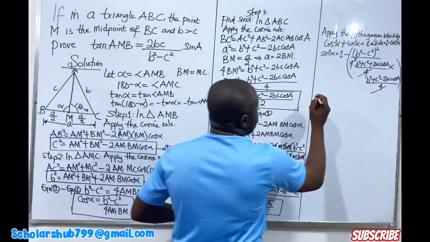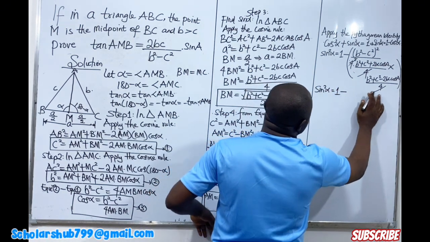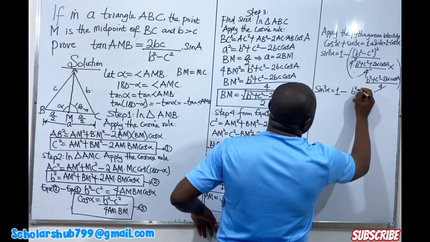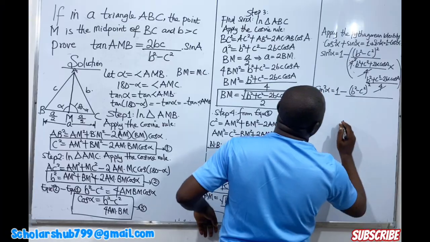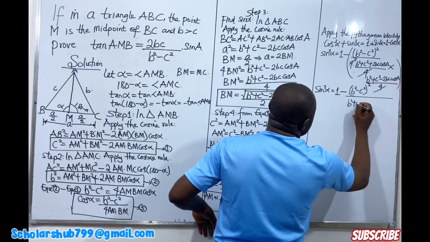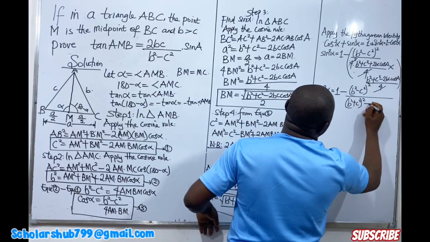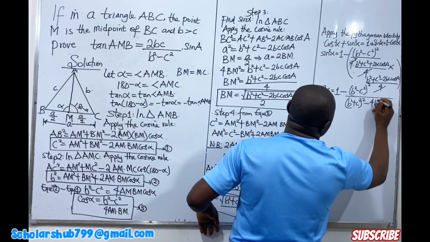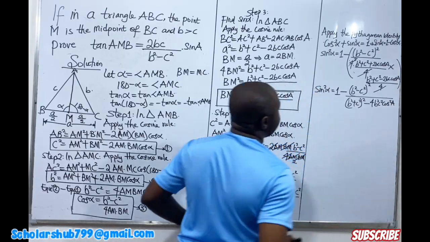difference of two squares. So I'm going to write sine squared alpha to be 1 minus, so this will be b squared minus c squared raised to the power of 2 over b squared plus c squared raised to the power of 2, then minus 4b squared c squared cos squared a.